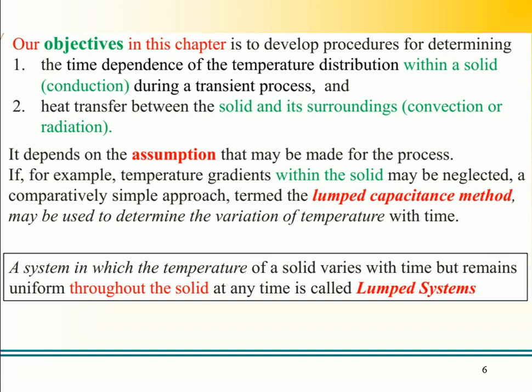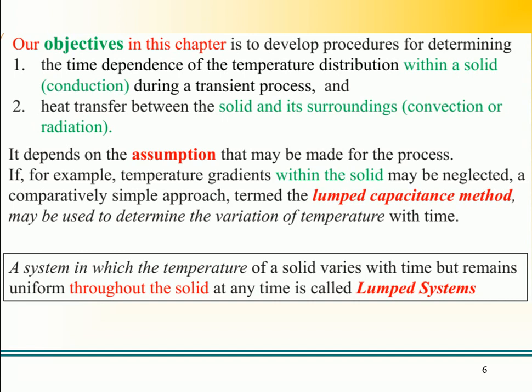This technique we call the lumped capacitance model. Students, please be careful: the rate of change, dT/dx, the temperature change within this solid, we say is almost negligible, and this assumption is the lumped capacitance method.